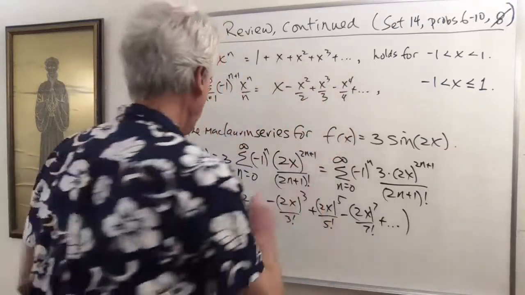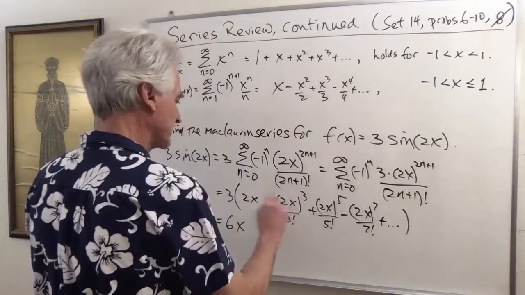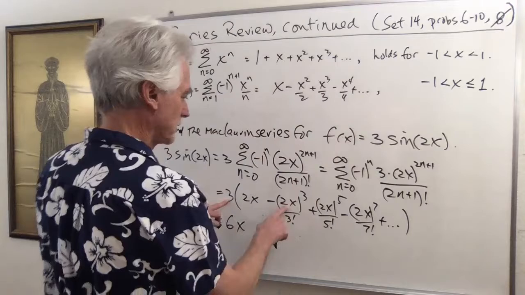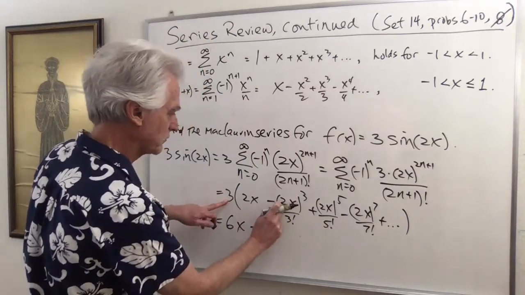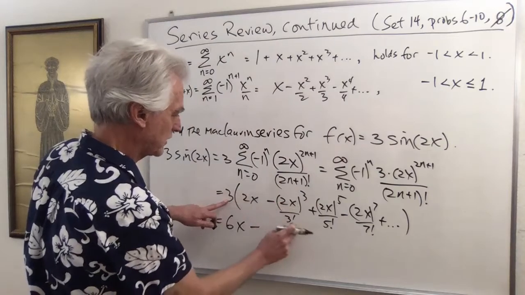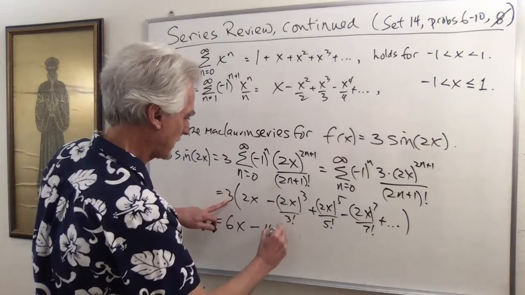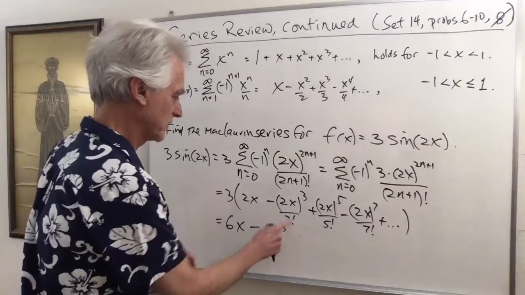So let's write this out a bit. I get 6x, and then when I do the 3, this is going to be 2 cubed here. I get a minus sign. I'm going to get 2 cubed here, and I'm going to get 3 times 2, so 2 cubed gives me 2 squared. This is going to be 4x cubed when it's all done, right? Because the 3's cancel, one of those 2's.